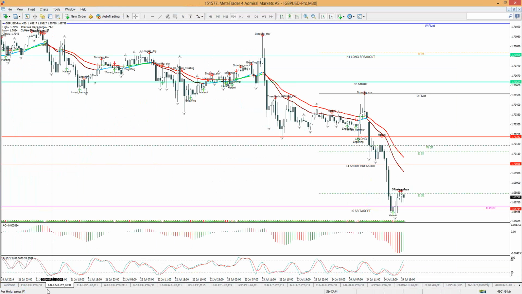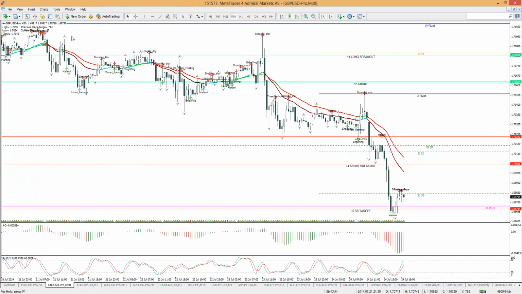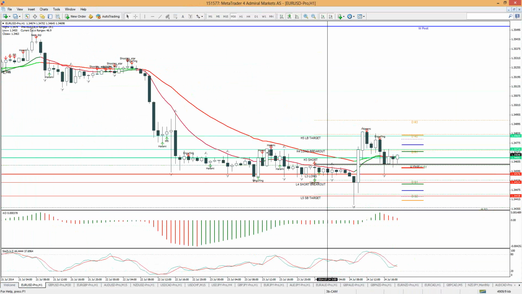But you could use other things, of course: trend lines, moving averages, Ichimoku, alligator. I'm sure there are others that I probably forgot, but we can just scan through the indicator list and we'll bump into some other things.